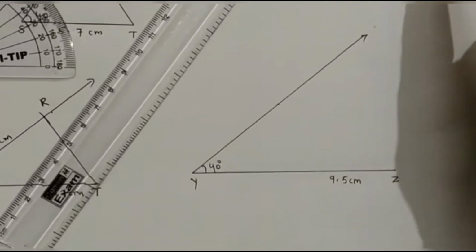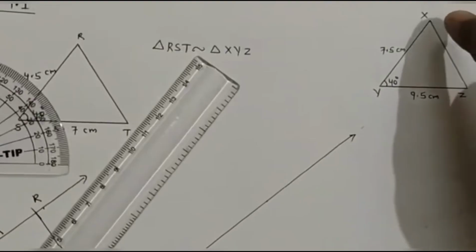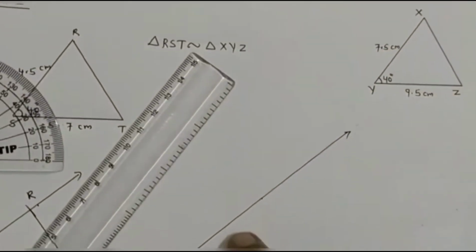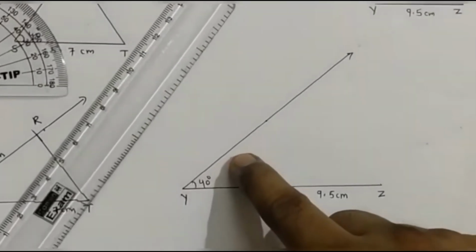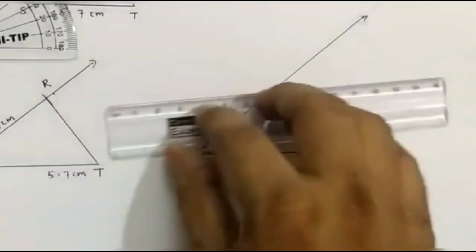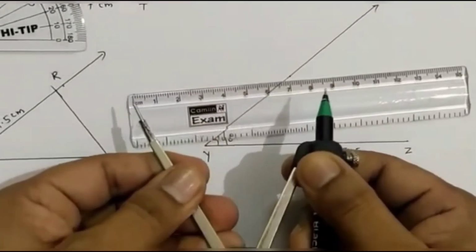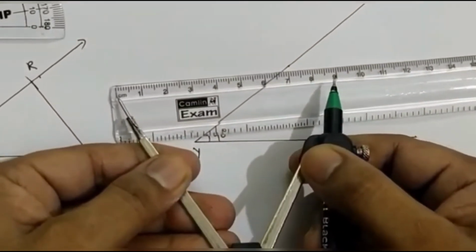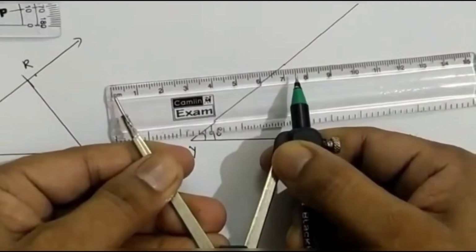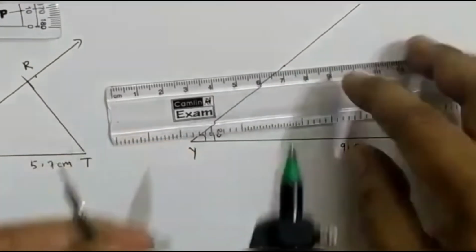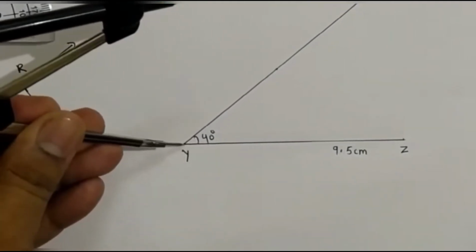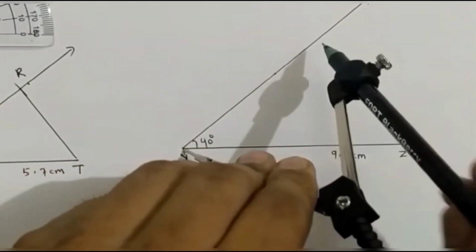Now students, you can see XY is given 7.5 centimeter. So here we have to cut an arc of 7.5. So take the rounder, take 7.5 centimeter distance, and from point Y you cut this arc.